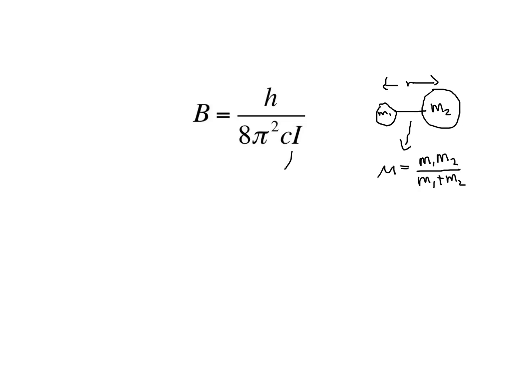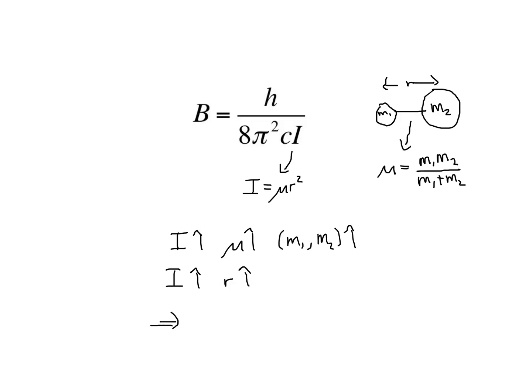Mathematically, the moment of inertia is equal to the reduced mass times the distance between atoms squared. So the moment of inertia increases when the reduced mass increases, or the mass of each individual atom increases, and the moment of inertia also increases when the distance between particles increases. So larger molecules have larger moments of inertia.